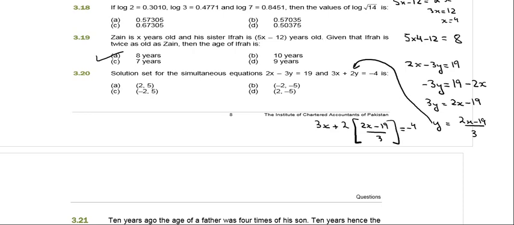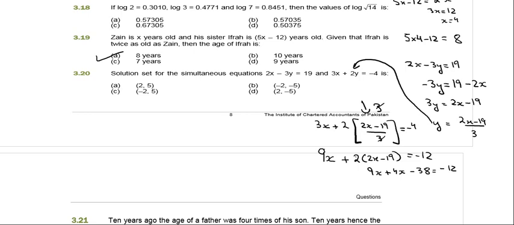Now let's multiply both sides by 3 so that this 3 is removed. 3 into 3 is 9, so 9x plus 2 times (2x minus 19). The 3 which multiplied this factor cancelled, and this is equal to minus 12. So 9x plus 4x minus 38 is equal to minus 12.